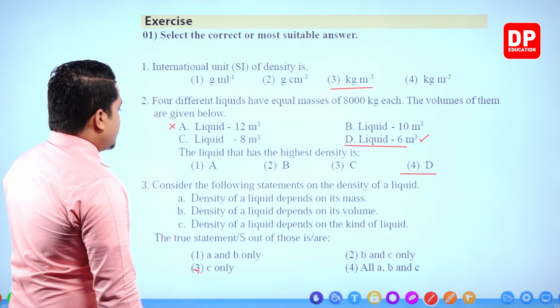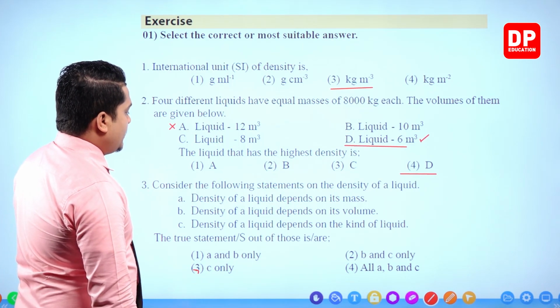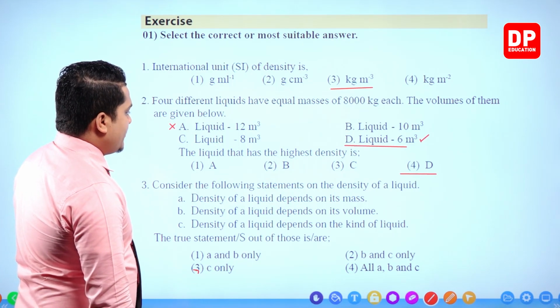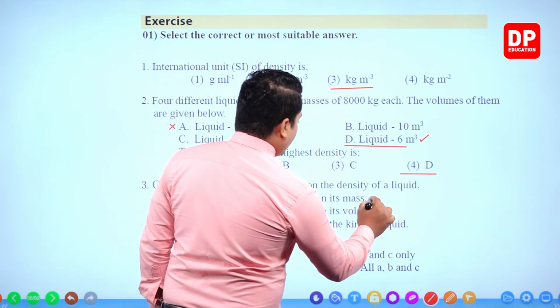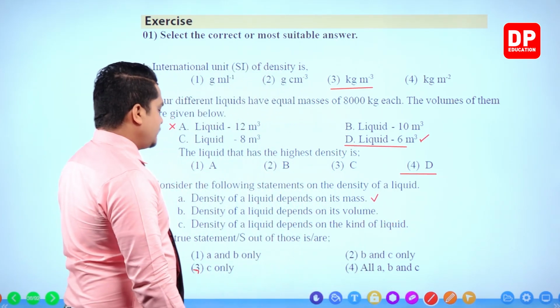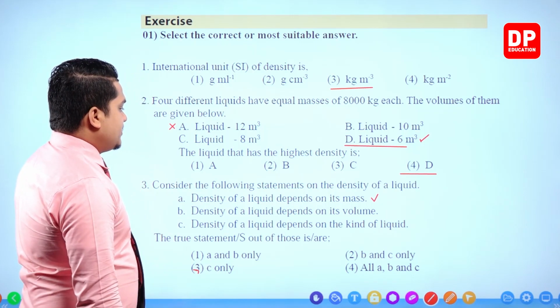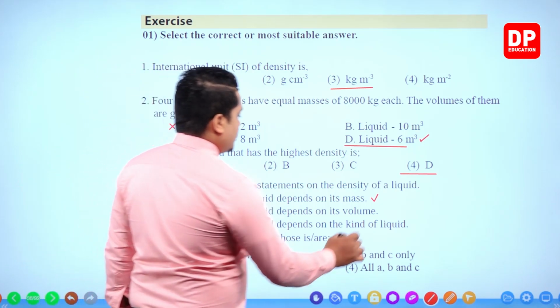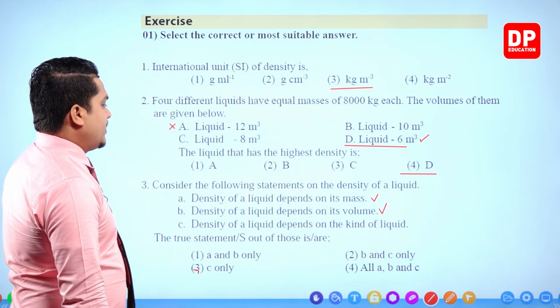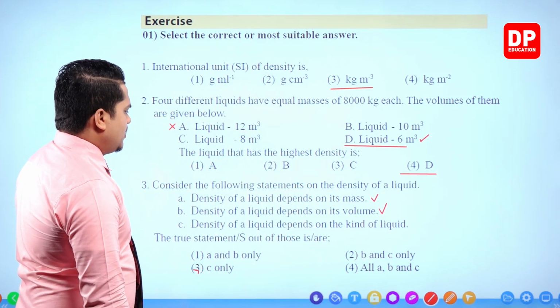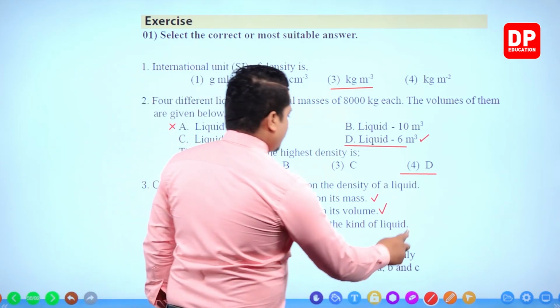Right. Consider the following statements on the density of a liquid. Density of a liquid depends on its mass. It is correct. Density of a liquid depends on its volume. Once again, correct. Density of a liquid depends on the kind of the liquid. Incorrect.